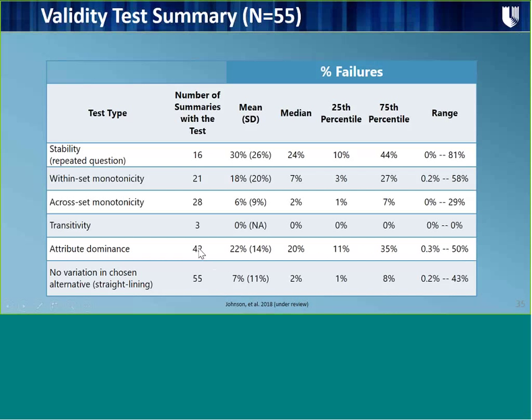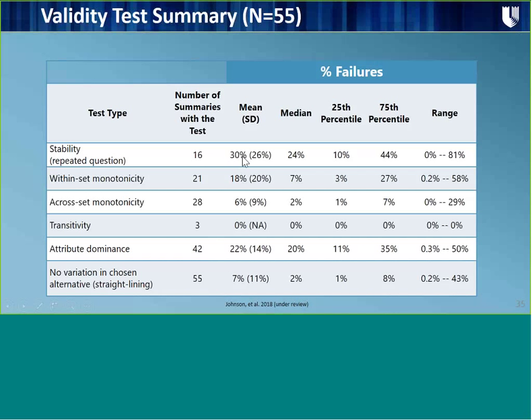You don't have to do anything special. You just observe that some people are always picking based on one attribute. We set the cutoff at 75%, picking the better level of one attribute, which is completely arbitrary, but we got 22% on average. About a fifth of the sample was failing the attribute dominance test.